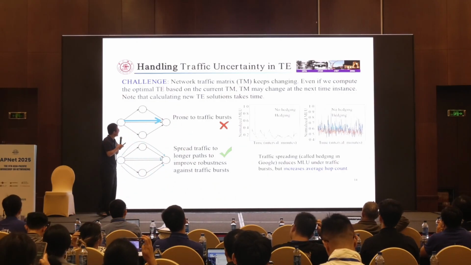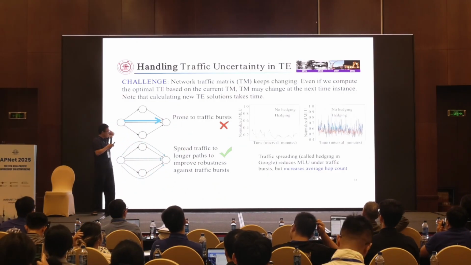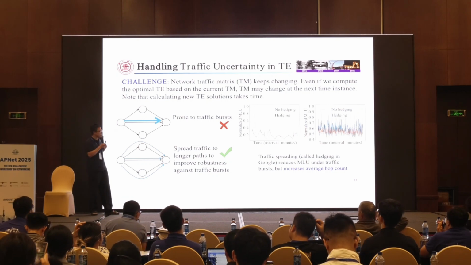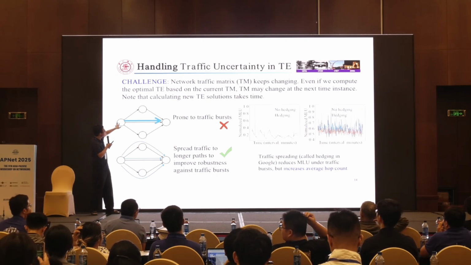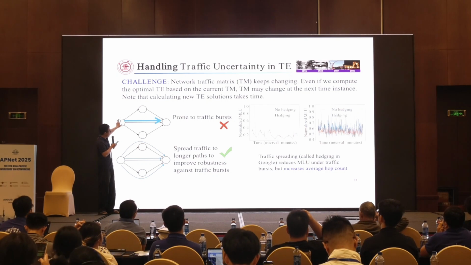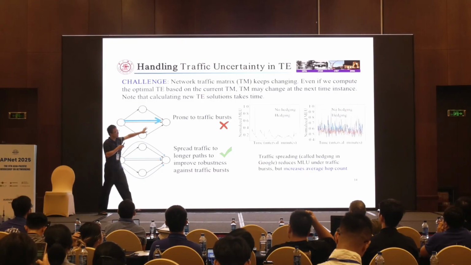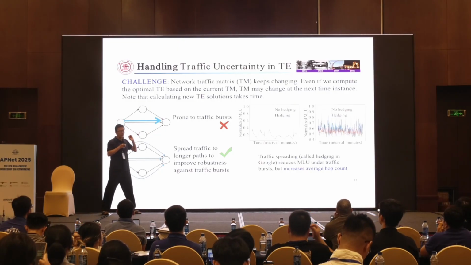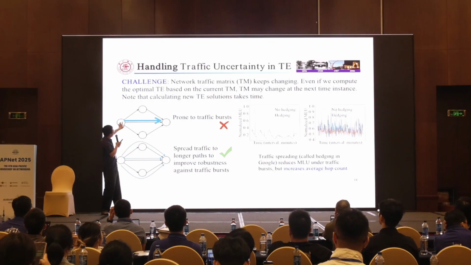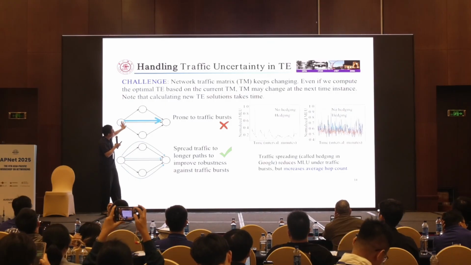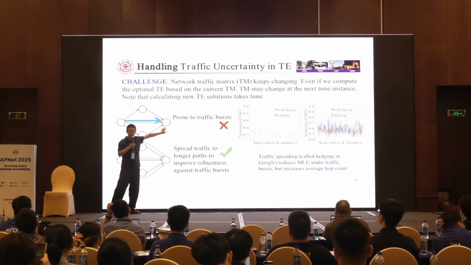In this slide, think about the traffic engineering solution. For example, we have a traffic demand from this source to this destination. One routing solution would be to send all the traffic directly from this node to this node.